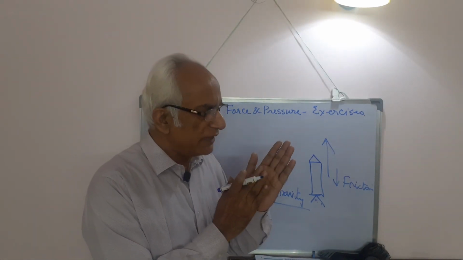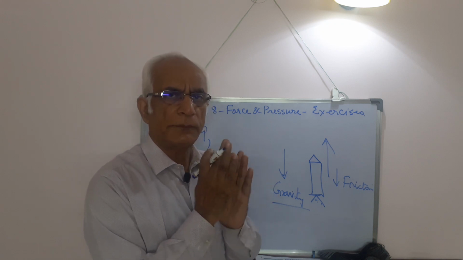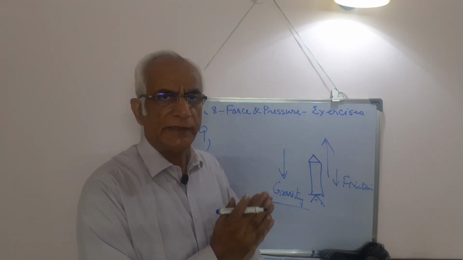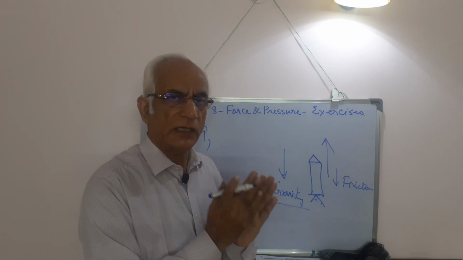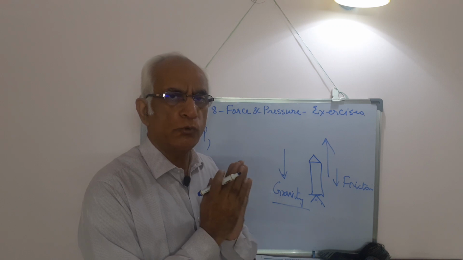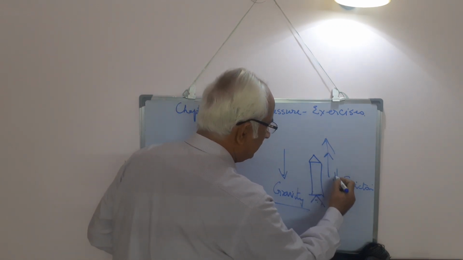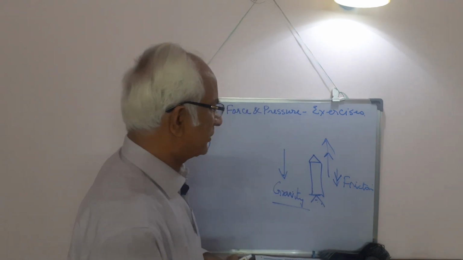So when two objects are in contact and they move, a force of friction comes into play. And the direction of the force of friction is always opposite to the direction of movement. The rocket is moving in this direction, the friction will be acting in this direction.